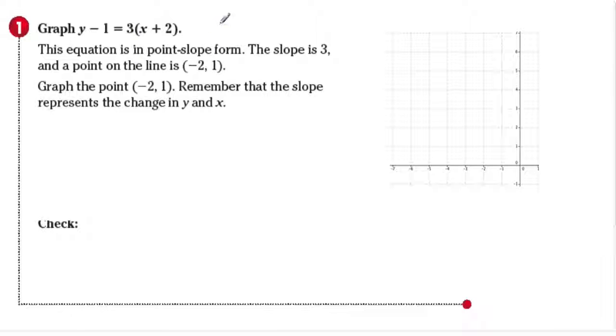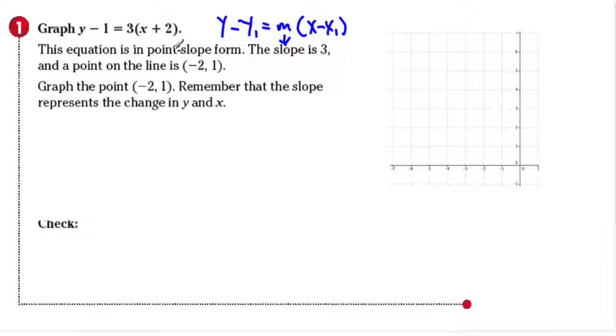Remember, point slope form is y minus y sub 1 is equal to the slope times the quantity x minus x sub 1, where m represents your slope. So in this case, our slope is 3, and the point on the line is negative 2 and 1. Why is it 1? Because that's your y sub 1.